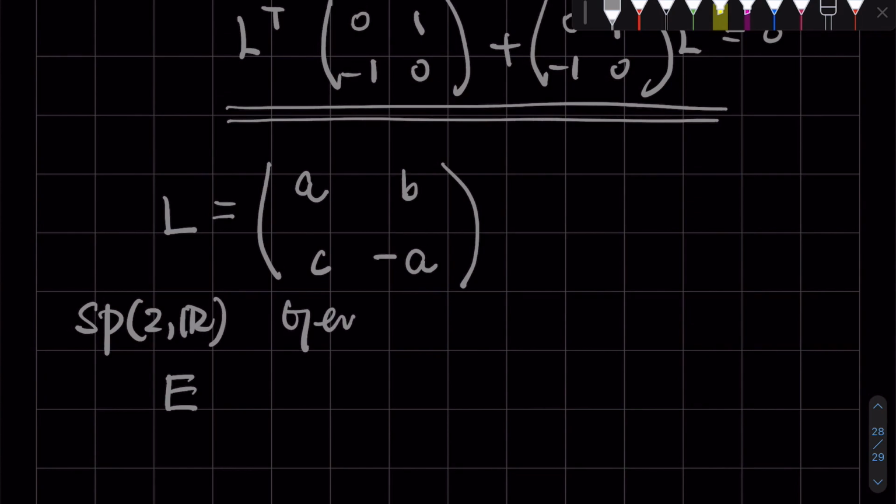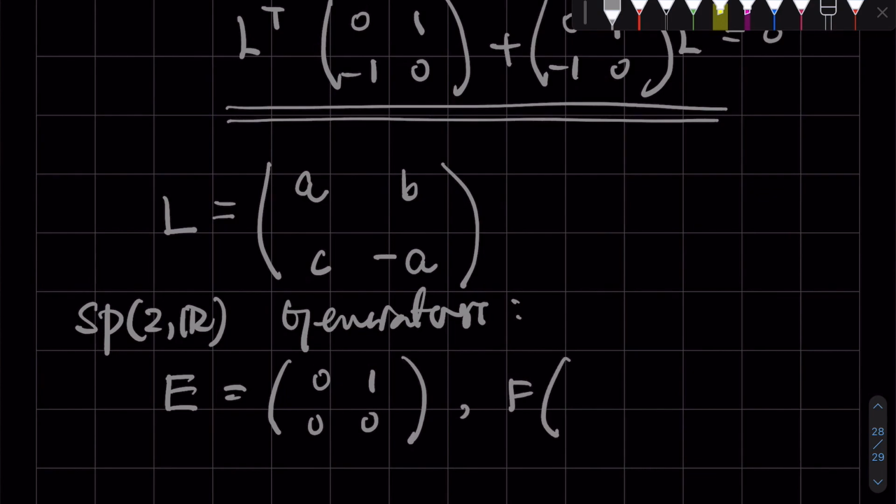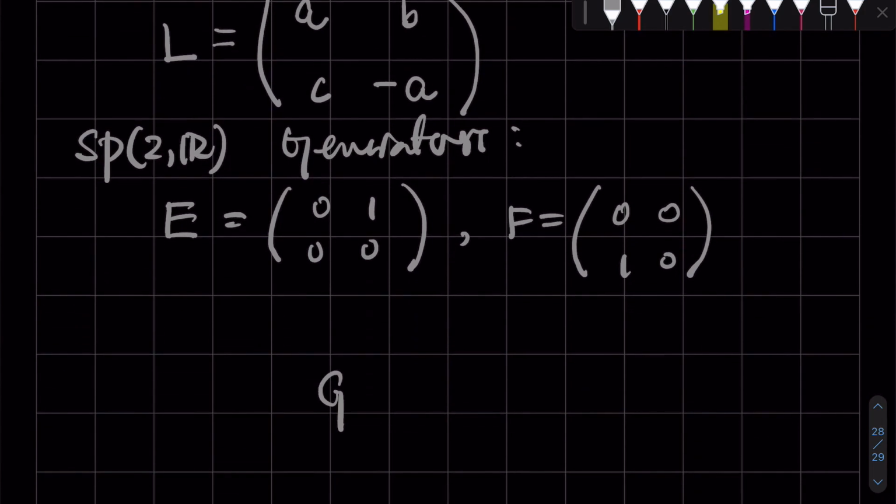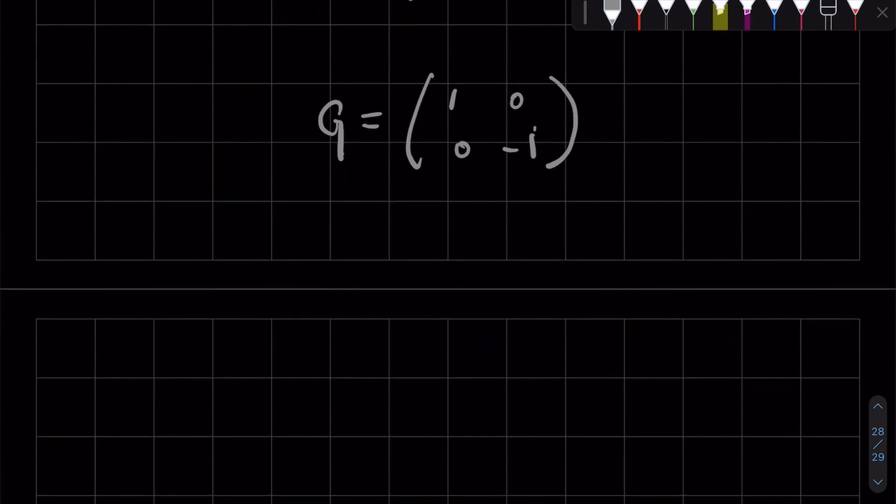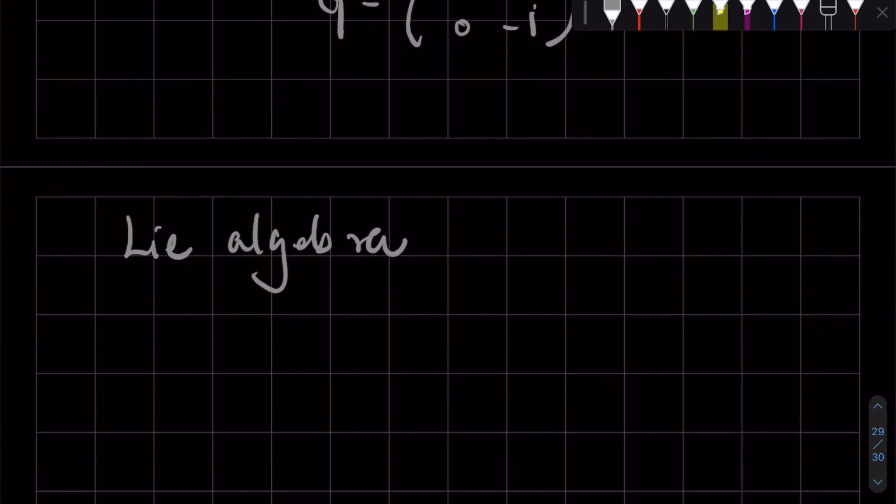So these are the generators of Sp(2,R). E is [0, 1; 0, 0], F is [0, 0; 1, 0], and G is [1, 0; 0, -1]. Okay, so these are the generators, and from these generators we can now derive the Lie algebra.